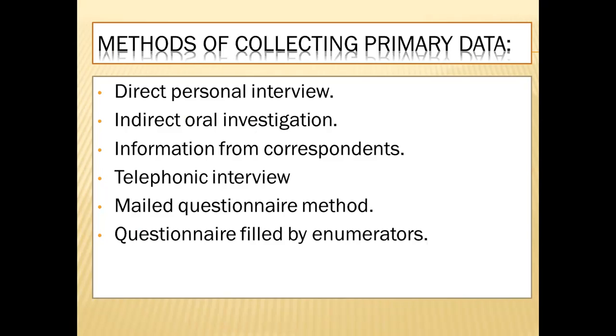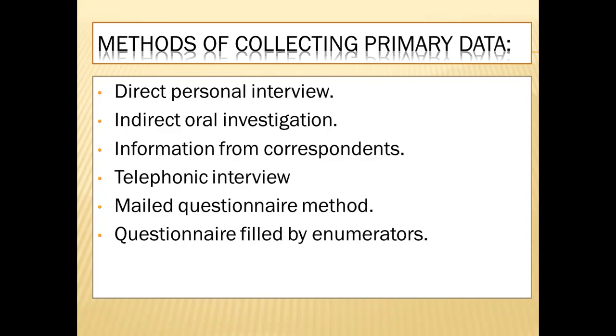Then telephonic interview. We will call the person, and by talking to him or her, we can collect the data. Then mail questionnaire method. If you are mailing the questions through email, and he or she answers, this will collect the data. Mail means two types: one is email, and the other is mail by post.